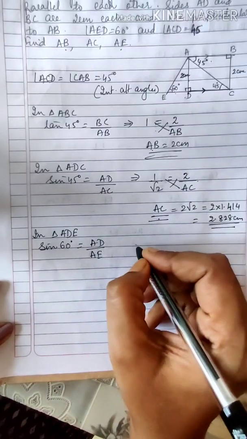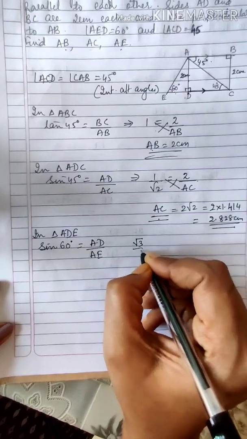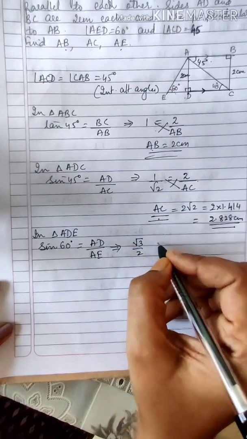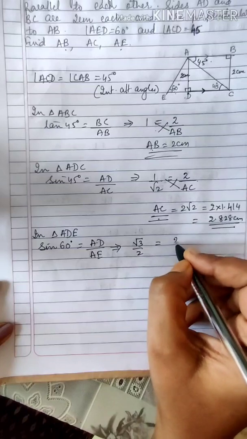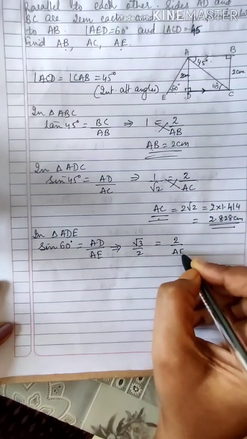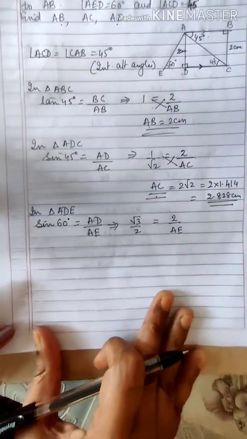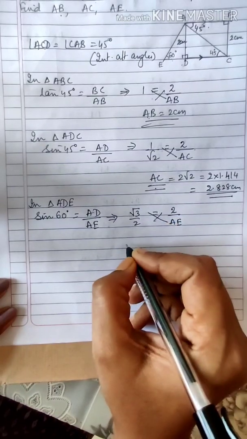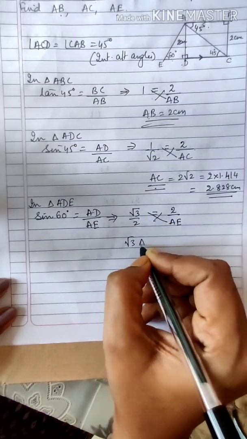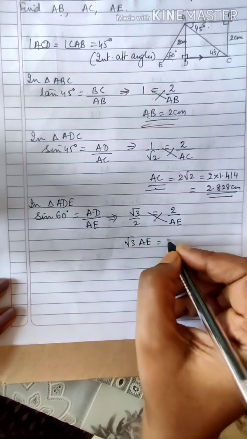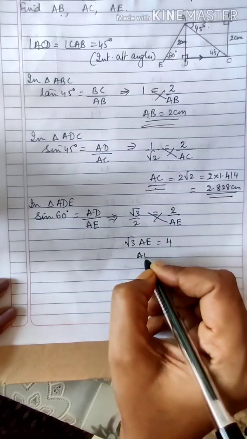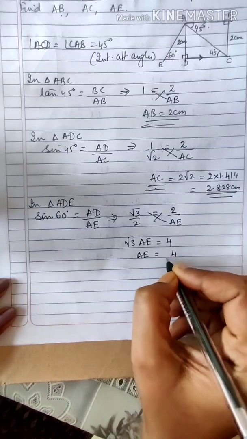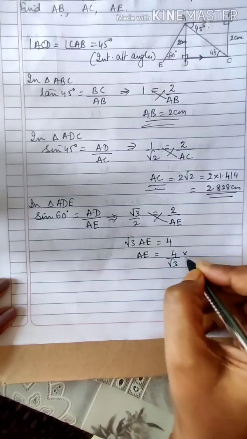And you know the value of sine 60 which is root 3 by 2 which will be equal to 2 upon AE. So now to find AE, do the cross multiplication. Root 3 AE is equal to 4 and AE will be equal to 4 upon root 3.